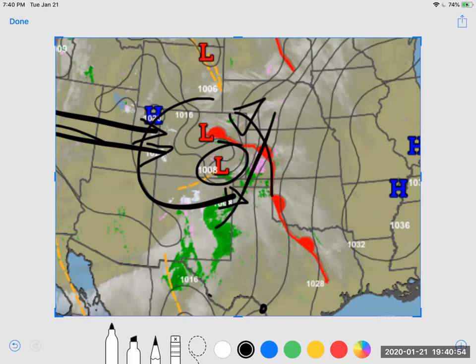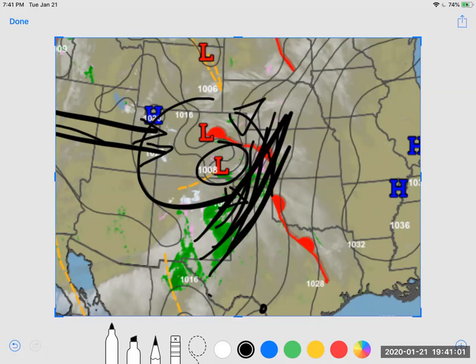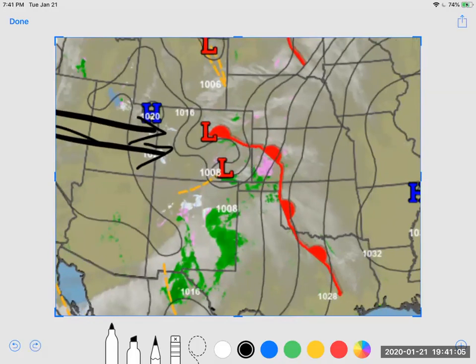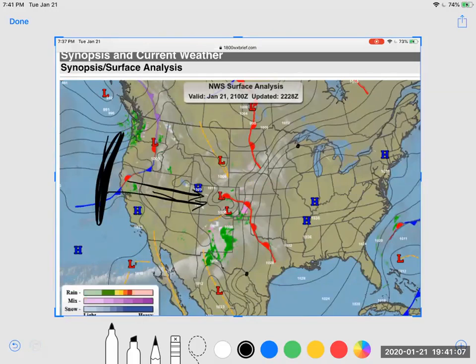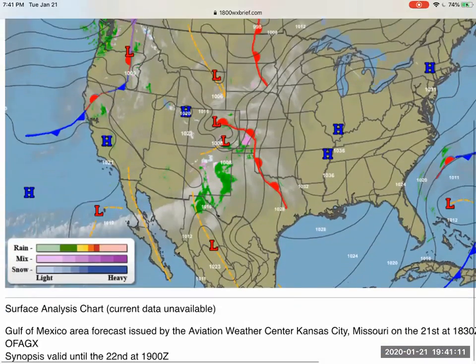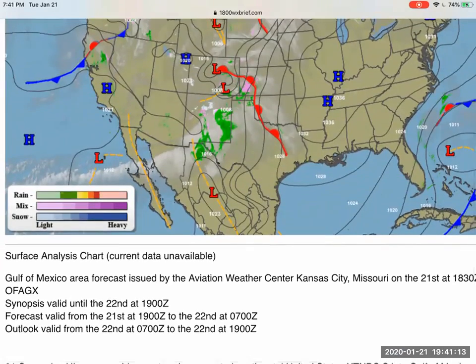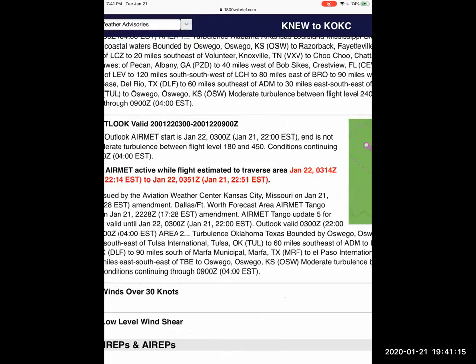So certainly we can see the flow would be pushing in this direction towards the low, but also from south to north, basically along those isobars. All right, so no doubt that our big weather producer is possibly going to create some widespread weather. So it's not just a localized condition.